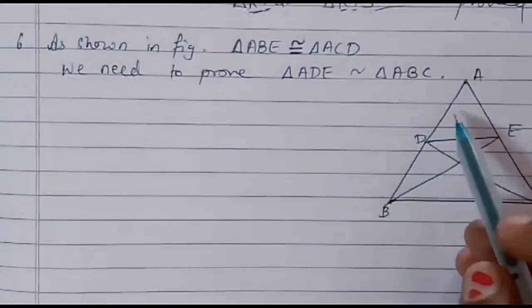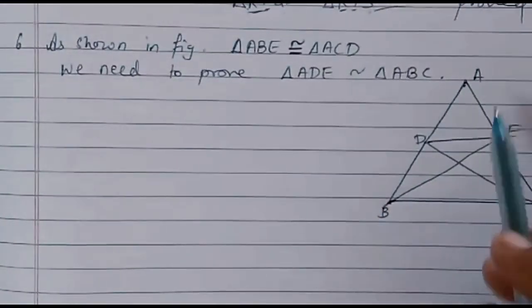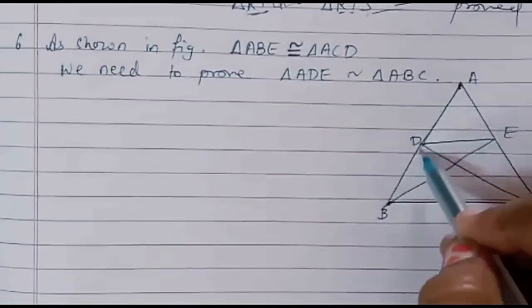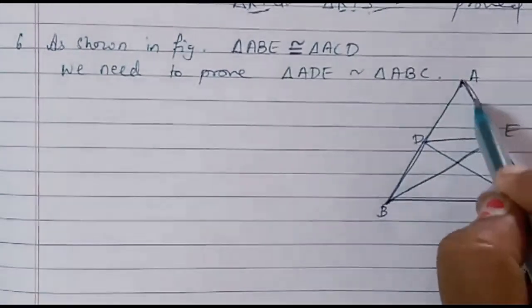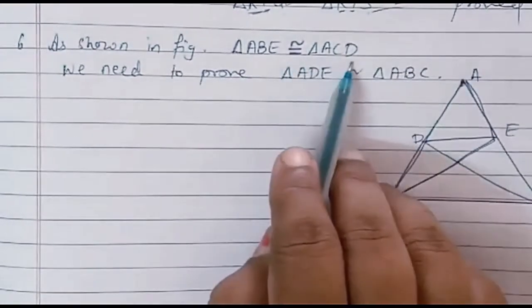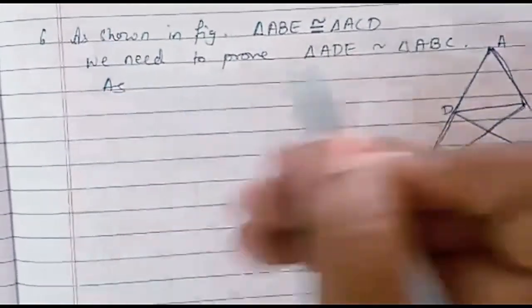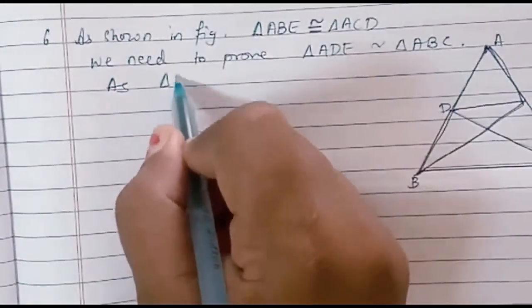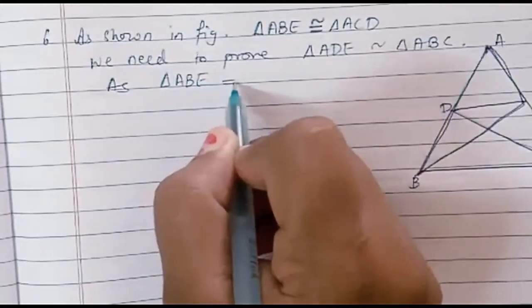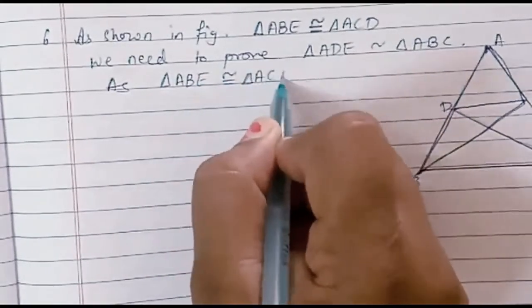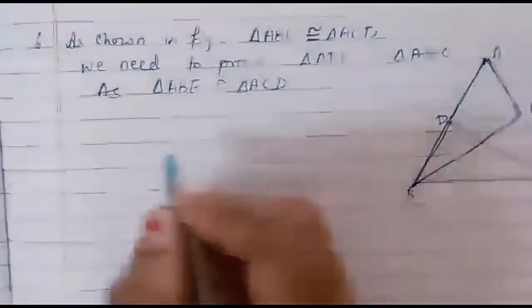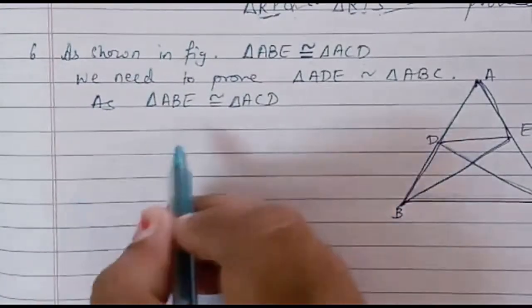Let us take one more example. As shown in the figure, you have triangle ABE, which is congruent to triangle ACD. So this is your triangle ACD. Now before going further, as it is given triangle ABE is congruent to triangle ACD, you have learned the definition of congruent triangles. So the corresponding sides also will be equal.